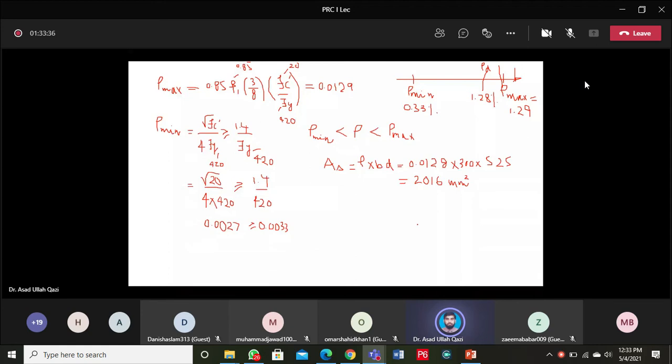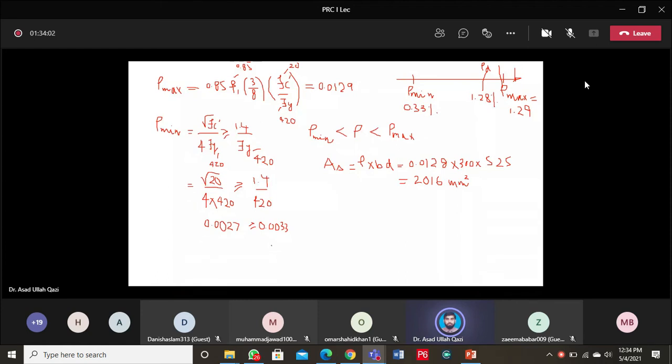In selection of bars, you need not round down. You can't select area of steel less than 2016, but you can't go too much above 2016, because if you select area below 2016, you are under designing the cross section.